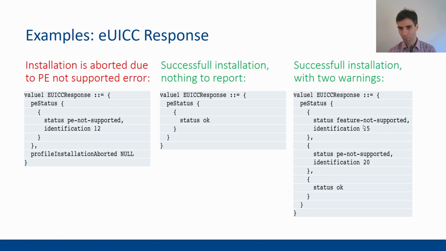But this profile element or this feature is not mandated. And here is another warning for the PE with identification 20, which is PE not supported. So again, this PE is not mandated, but there is a warning reported back to the SMDP that this PE was not installed, but in general the installation went through and the status code OK is sent.